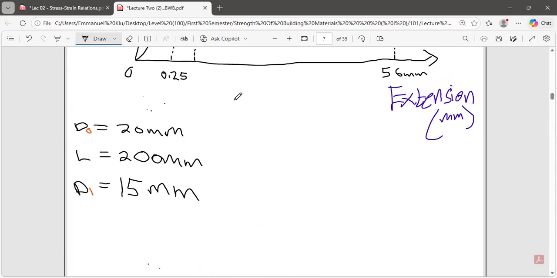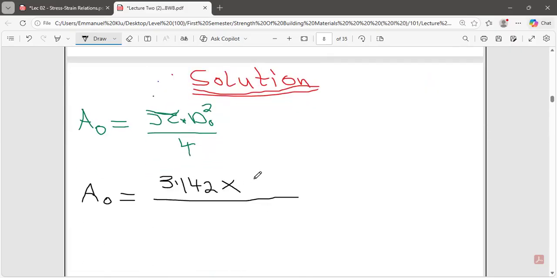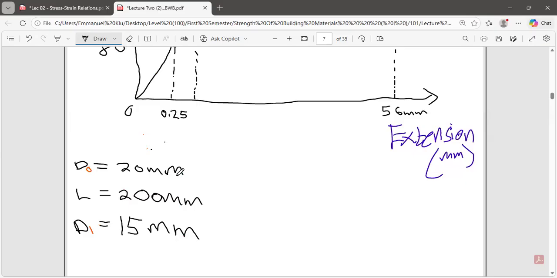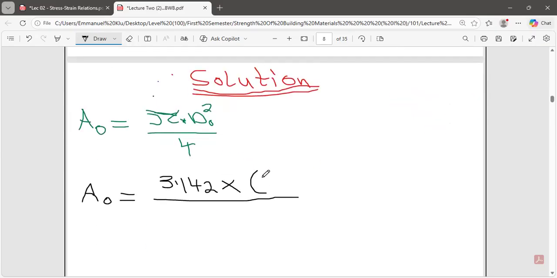Good. So let's continue. The original diameter was 20 millimeters. So let's write that inside over here, 20 millimeters. Let's close the bracket nicely. As simple as that. All over 4.